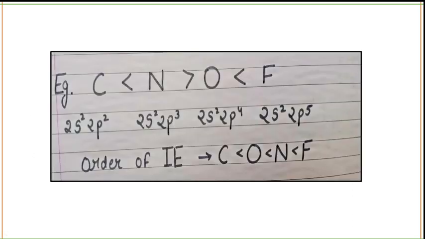Here comes an example by which we can understand the concept of pseudo-noble gas configuration or noble gas configuration. Pseudo-noble gas configuration means half-filled condition and noble gas configuration means fulfilled condition. So basically what you have to do is write the electronic configuration and find the noble gas or half-filled or fulfilled condition, and then you can easily get the order of ionization enthalpy.